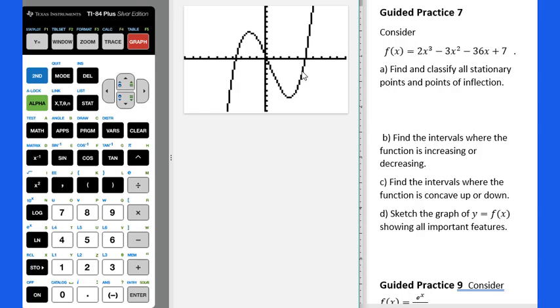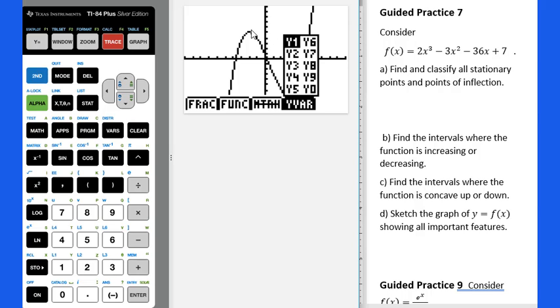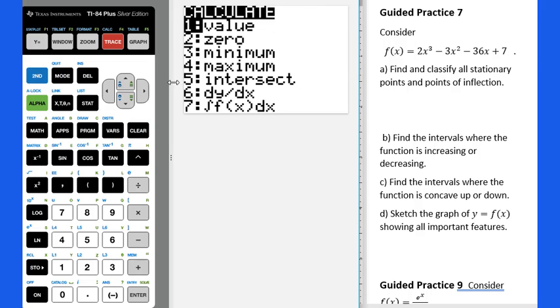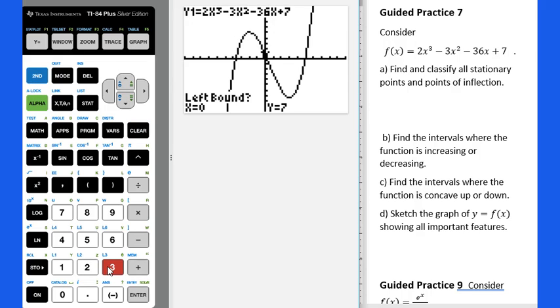It's really clear to see that there is a maximum and a minimum. Now we will go to second trace to get the minimum and maximum point. We do second trace. Minimum first.